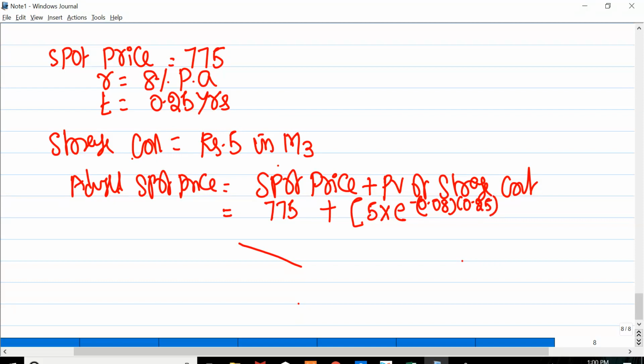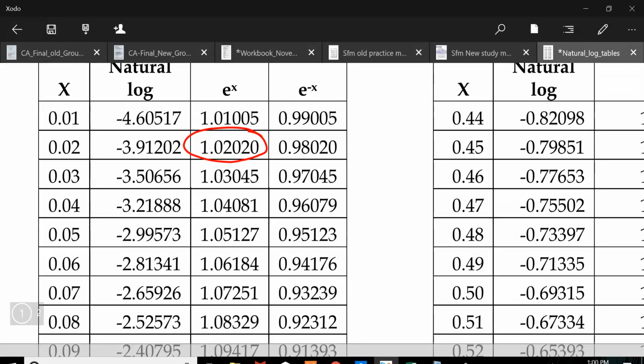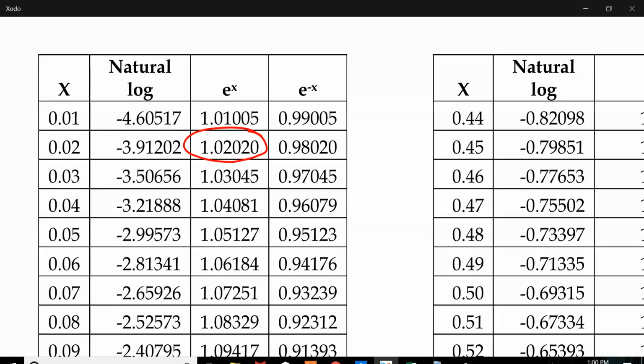I'll show the values, you can pick it up from here. You can pick up the relevant value. When you want e power minus x value, if you do it in the calculator, you will get the e power x value, and the inverse of that is e power minus x. 5 into what number will you do? 0.98020.